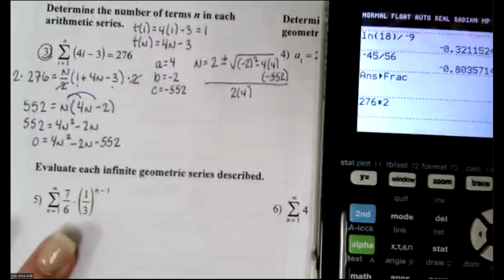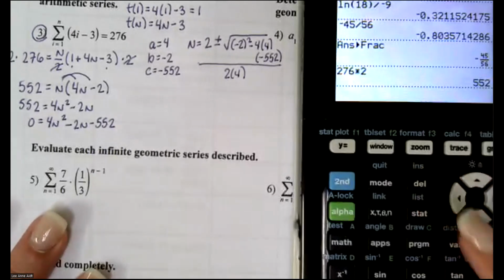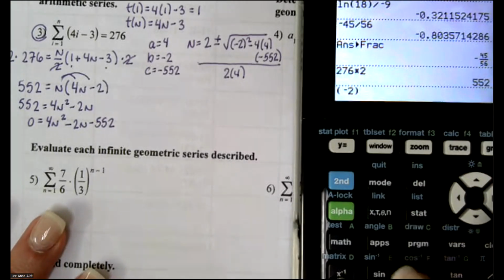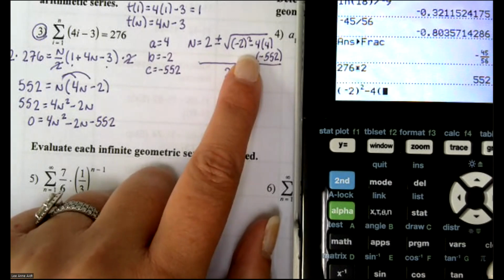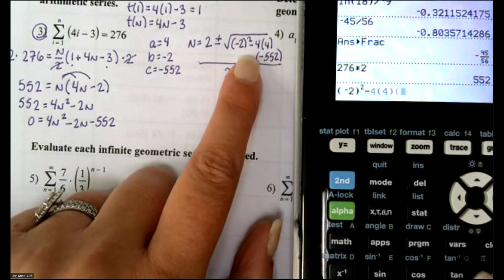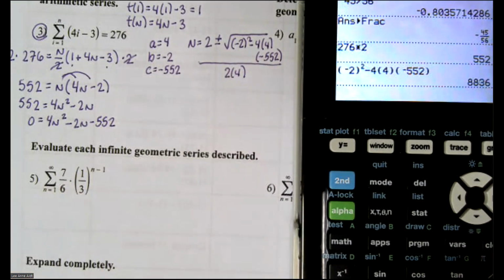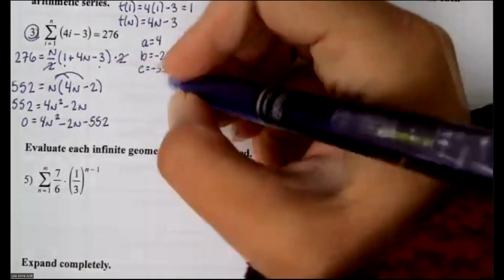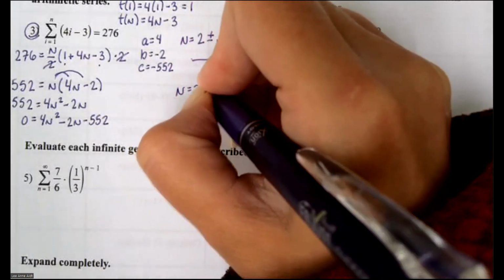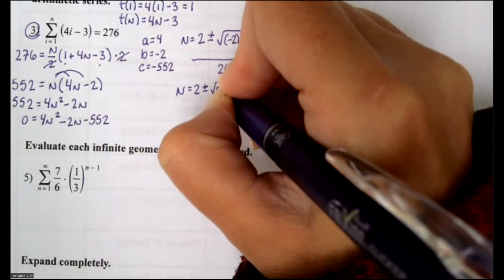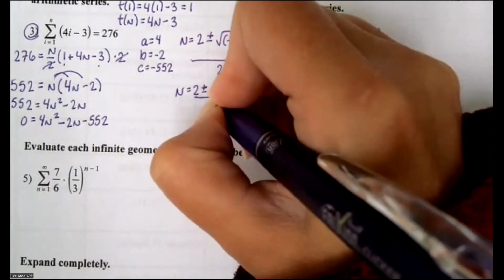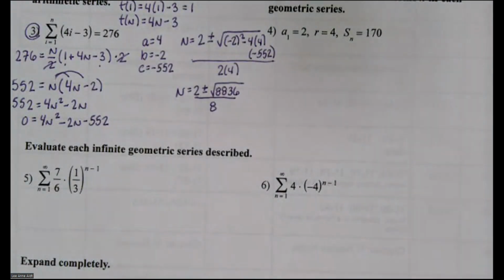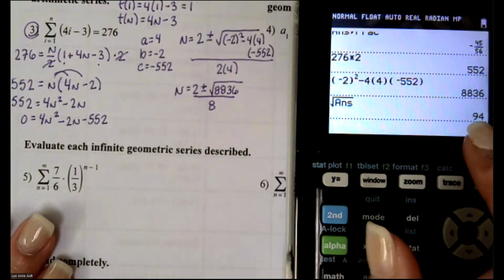It looks like from your test on Friday that some people still don't know that a negative times a negative is a positive. I'll just keep working on that. Negative 2 squared minus 4 times 4 times negative 552 is 8,836. The square root of 8,836 is 94.